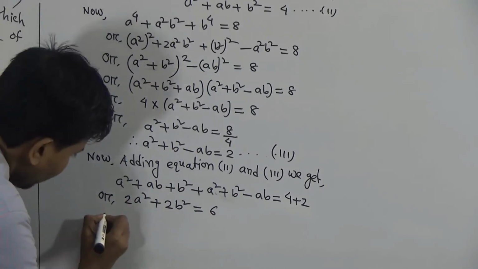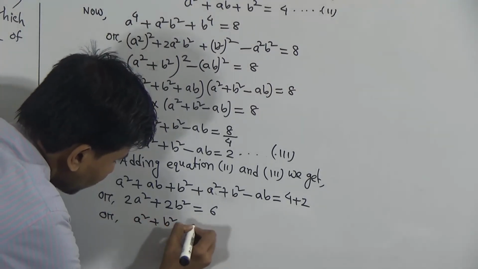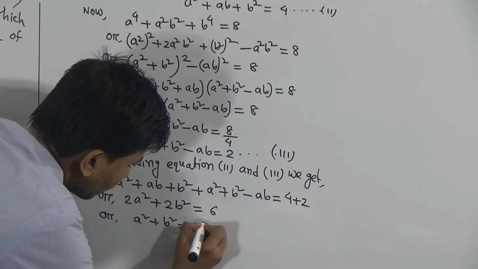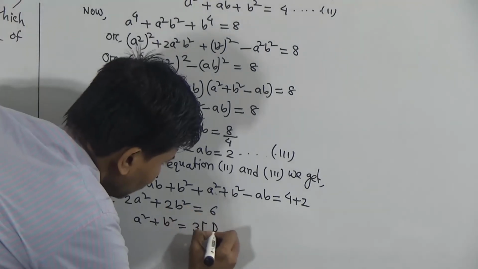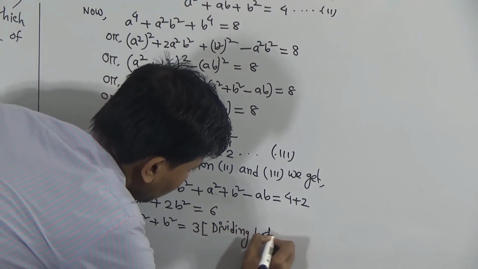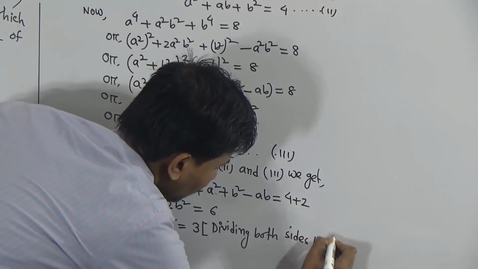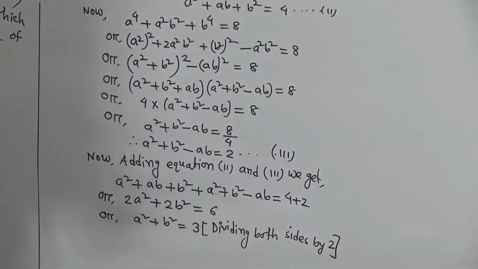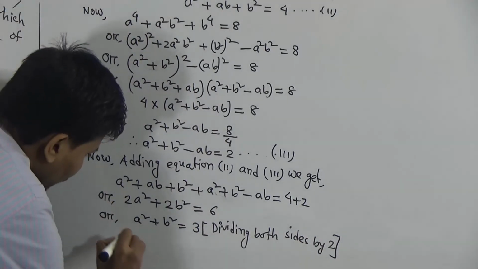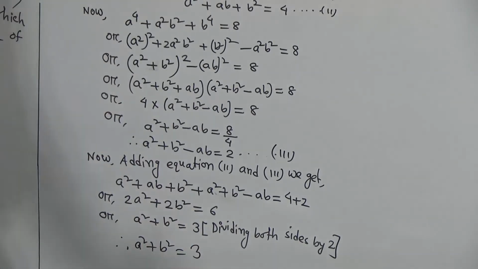Dividing both sides by 2, we get a square plus b square equals 3. Okay, this is our required answer: a square plus b square equals 3.